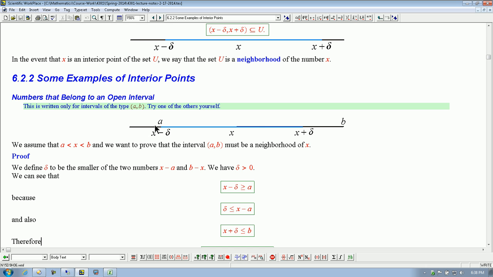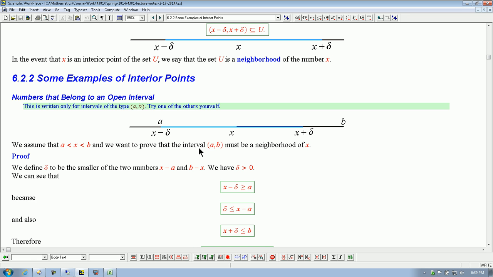If A and B are two given real numbers, and if X is any number in the open interval that runs from A to B, in other words, if you assume that A is less than B and that X is a number strictly between A and B, meaning that A is less than X less than B, then X must be an interior point of that interval.